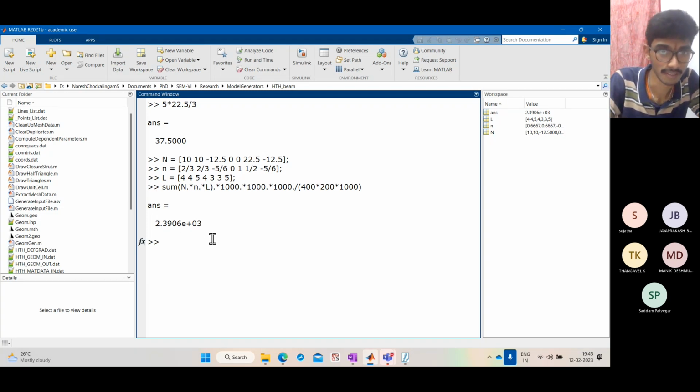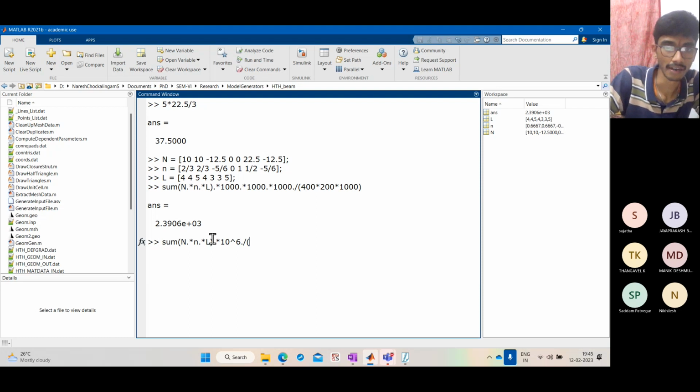Let us see. So let us use sum of n. These are in kilonewtons. L is in meters. So let us convert just to SI. We get 10 power 6 into 1000 into 1000 divided by area, which is 400 mm square.